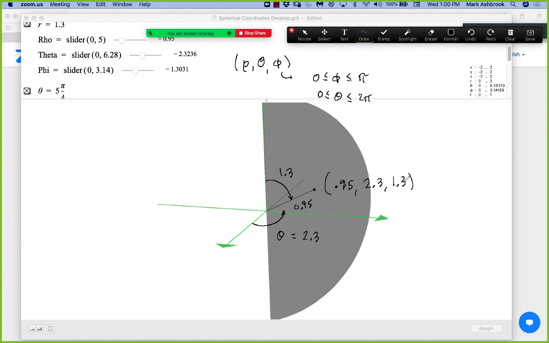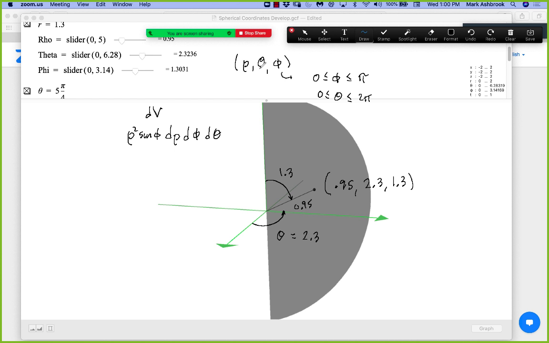Okay, and then we found that dV, at the end of class last time, dV for spherical coordinates was rho squared sine phi d rho, and typically the order doesn't matter here. Typically, I do d phi first.